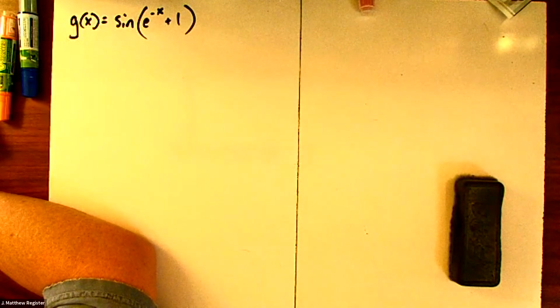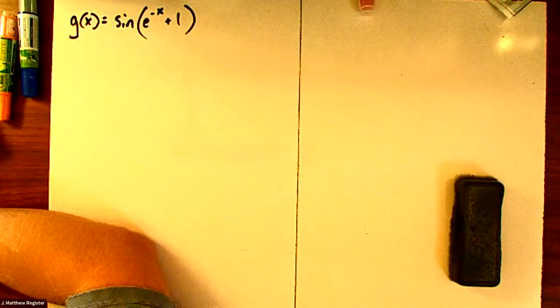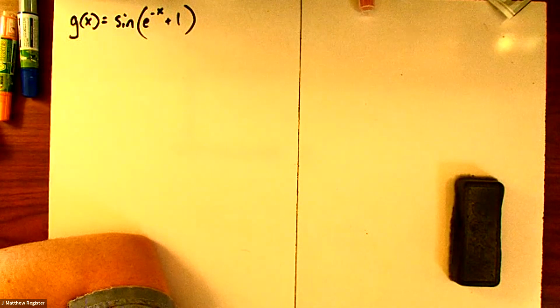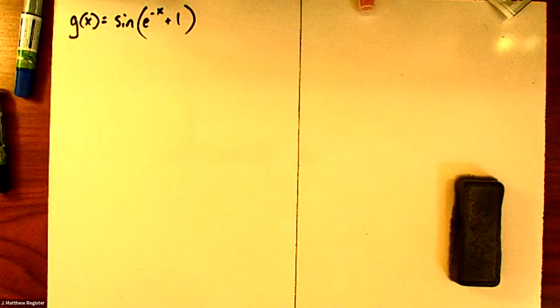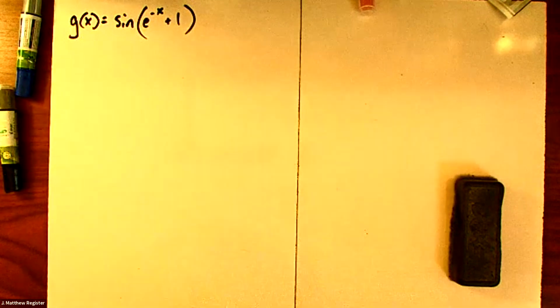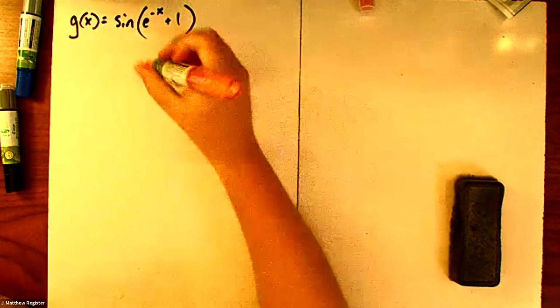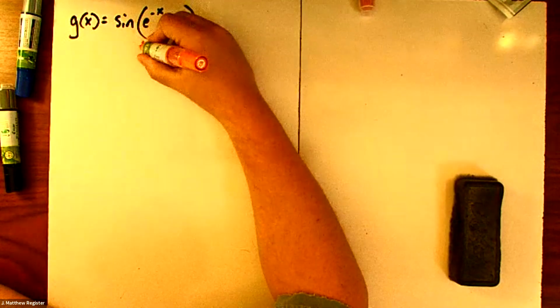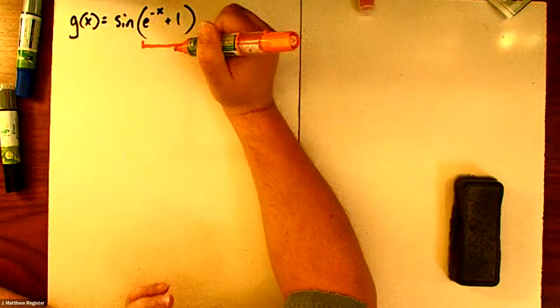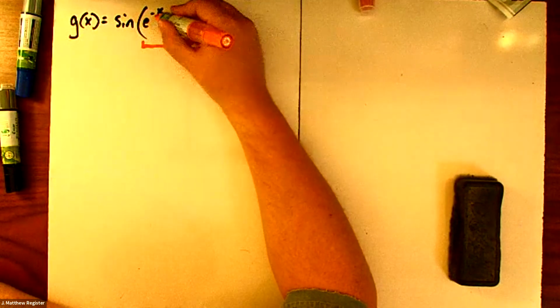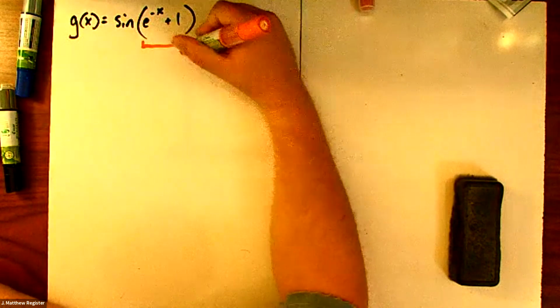Well, with this problem, what we want to ask is, where can things go wrong? And that's often the way that I think of domain problems. When does the function go wrong? And in this case, we could plug in any number that we want into this section, because if you plug in anything from -infinity to +infinity, e to the -x is going to give you a number.